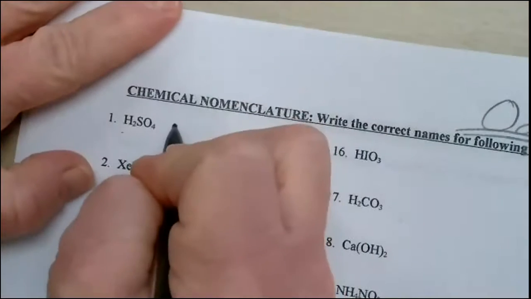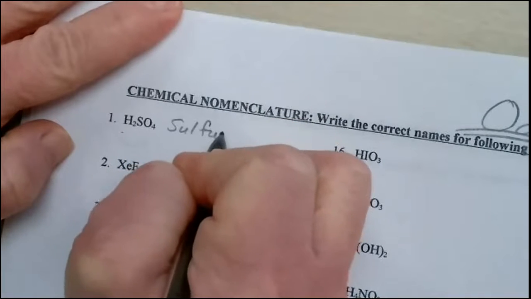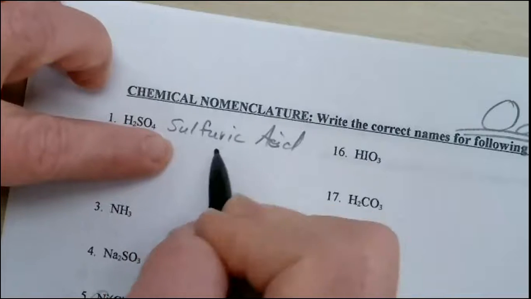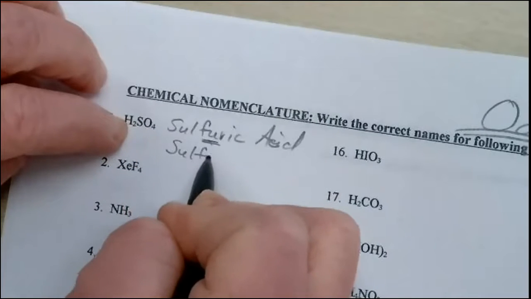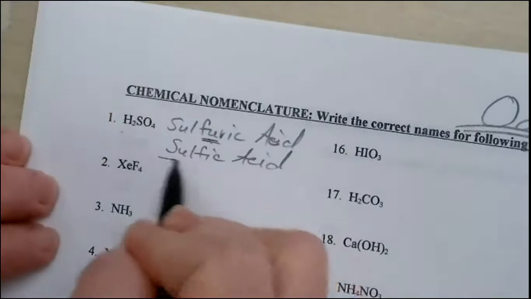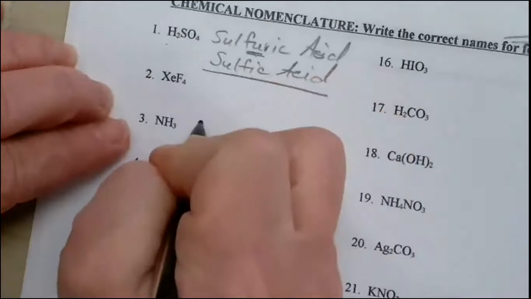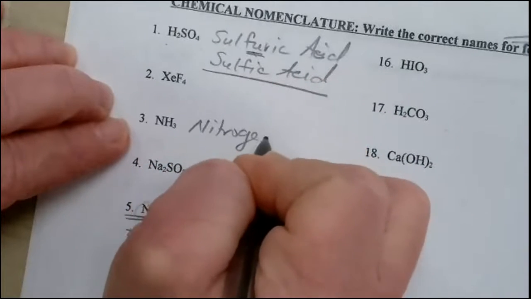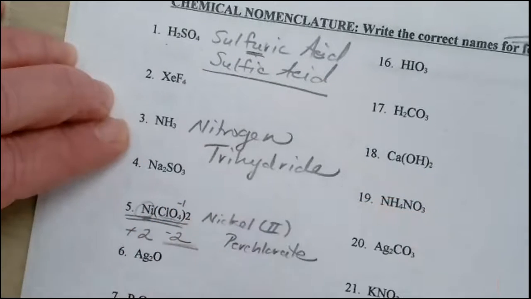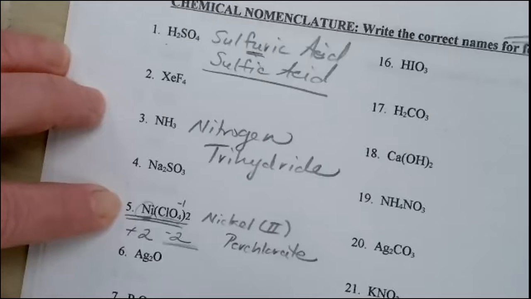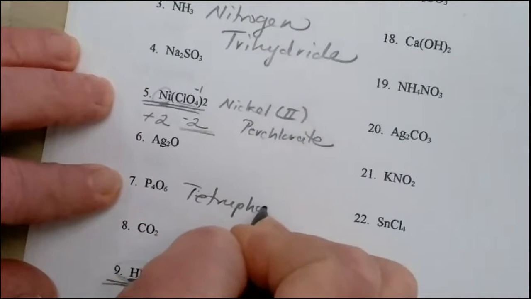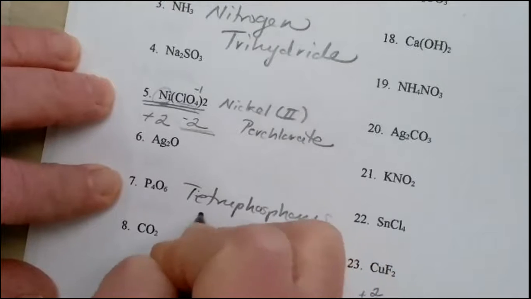All right. Number 1 would be sulfuric acid. It is fine if you called it sulfic. That's one that someone mislabeled somewhere along the line. Okay. Number 3 would be nitrogen trihydride. Okay, we did 5. 7, tetraphosphorus oxide.